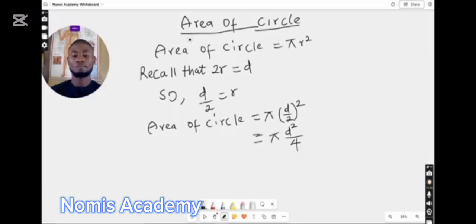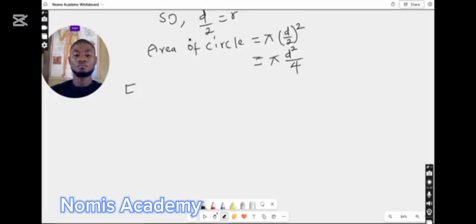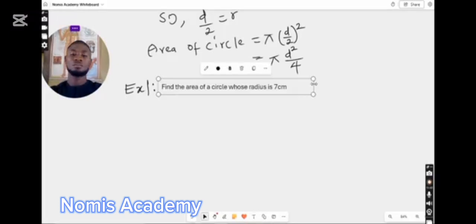So example number 1. Example number 1 says, find the area of a circle whose radius is 7 centimeter.